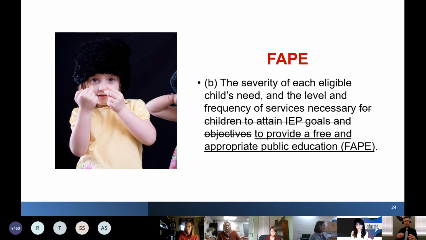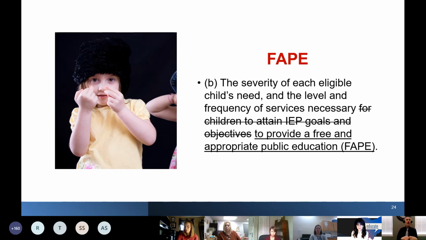Another big aspect, for me, in looking at the workload determination, is that we're going to make a workload determination to ensure you can deliver FAPE, to ensure that the students can get those services that are needed based on the severity of their disability. And so I keep my eye on that throughout my entire workload determination.